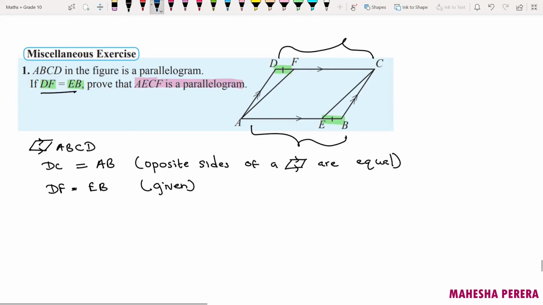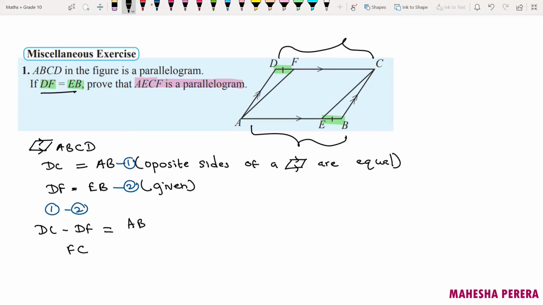Now, if the first one is number 1 and the next one is number 2, if I deduct 2 from 1, what do I get? DC minus DF. So I get CF, or you can say FC, right?